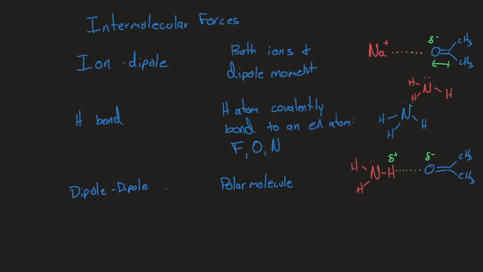So something like dichloromethane, which we've seen already, is polar. You've got CH2Cl2, and those are going to interact something like this.